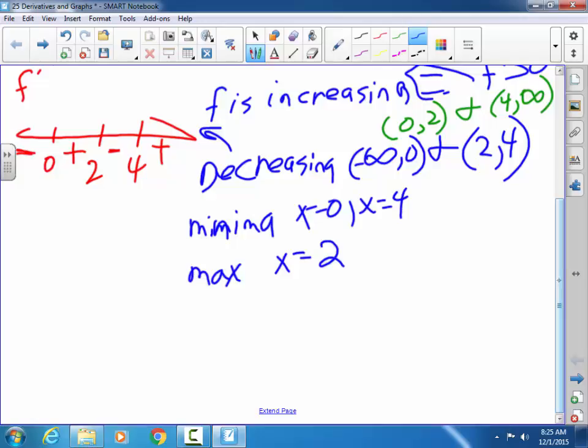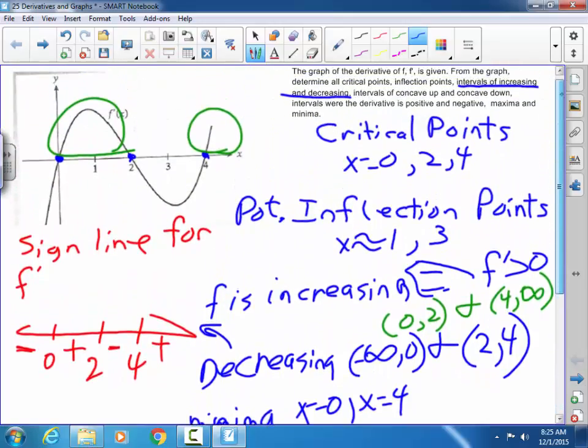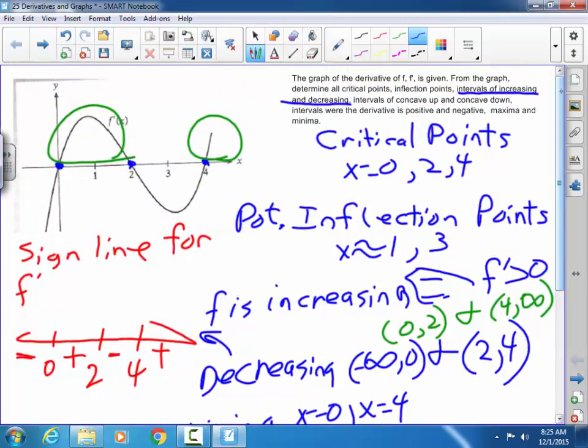Does that match up with the graph we're doing? What do you mean by the graph that we're doing? Okay. Now this original graph is the derivative. So the derivative was negative and then it was positive, so that should be a maximum there.